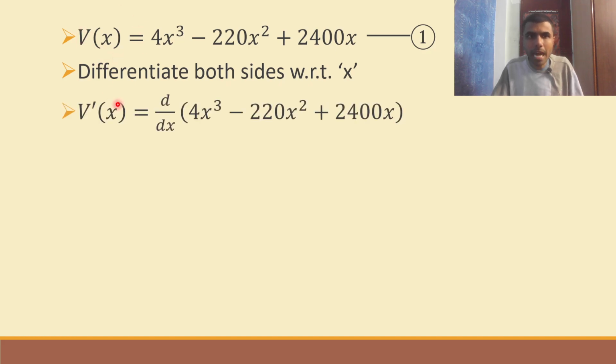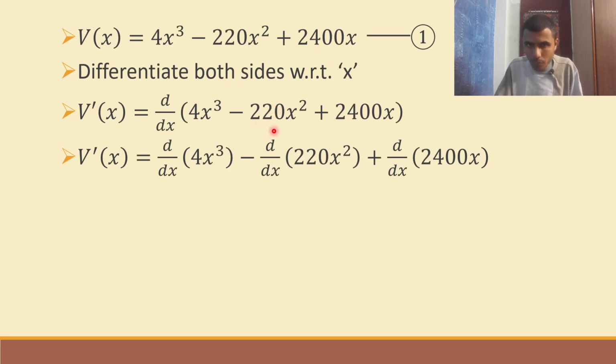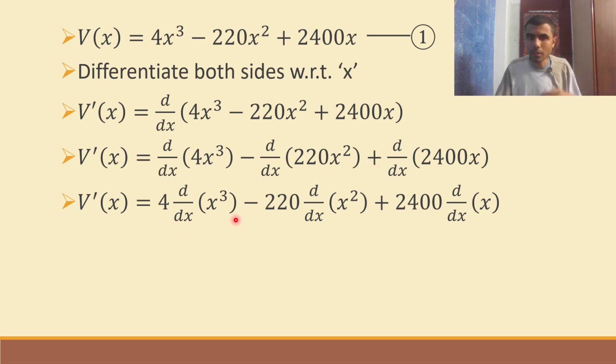So here I'd get v dash x, which is nothing but the derivative of this. Derivative of 4x cube minus derivative of 220x square plus derivative of 2400x. Here 4, 220 and 2400 are constants, so you can keep them outside the derivative. These are derivatives of exponents, a basic formula.